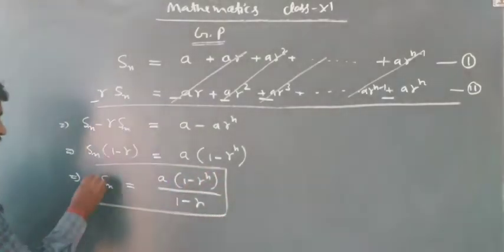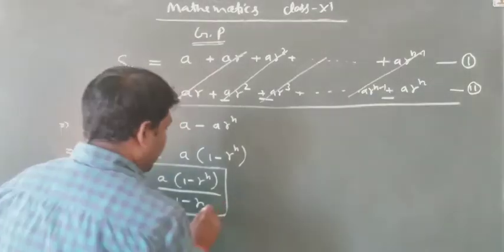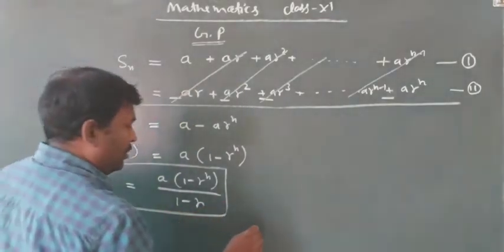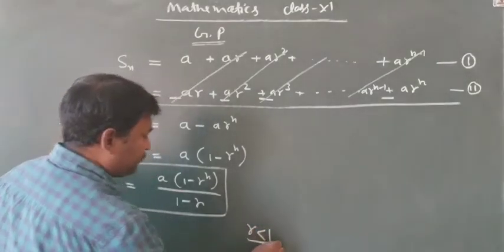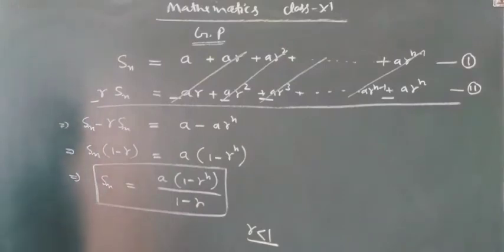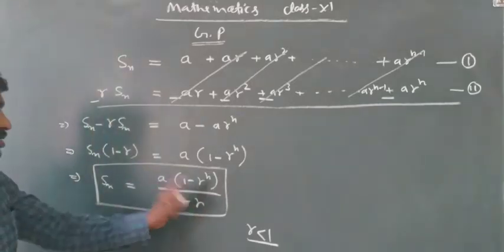Is it clear? Where r is the common ratio, right? This is when r is less than 1. So this is the formula to find the sum of n terms of a GP.